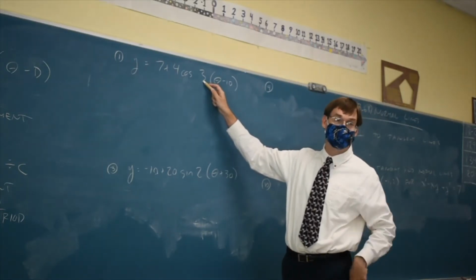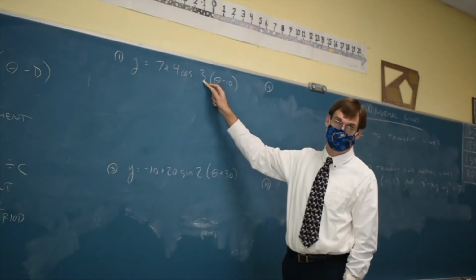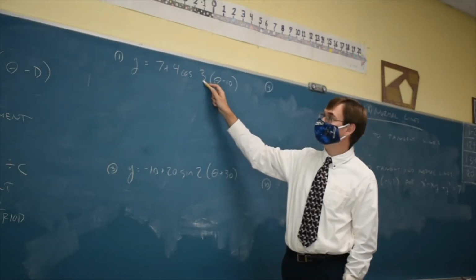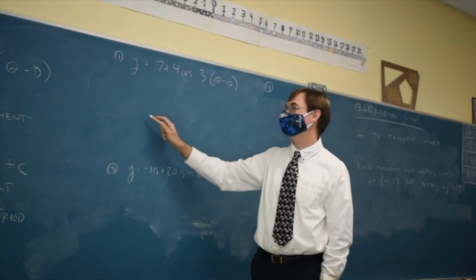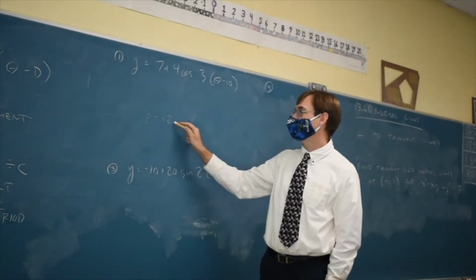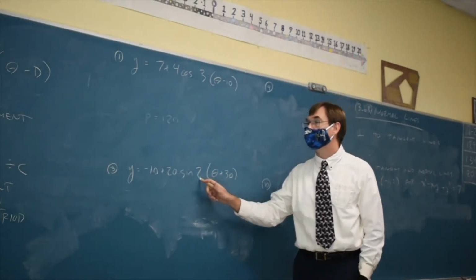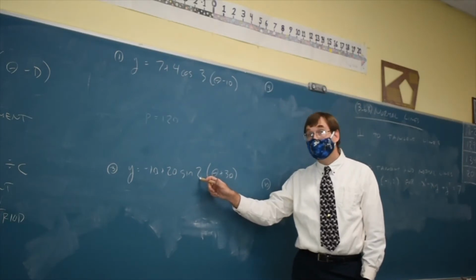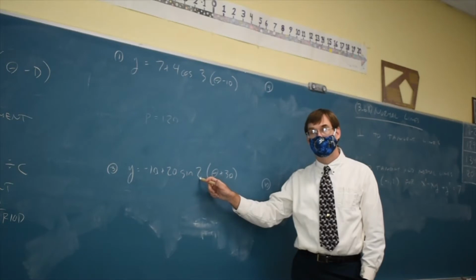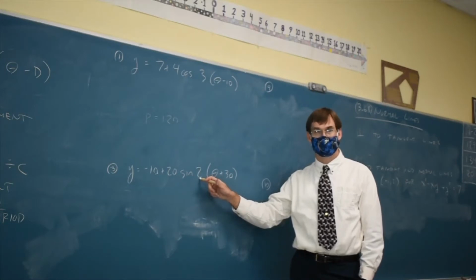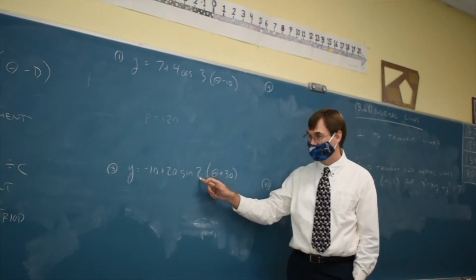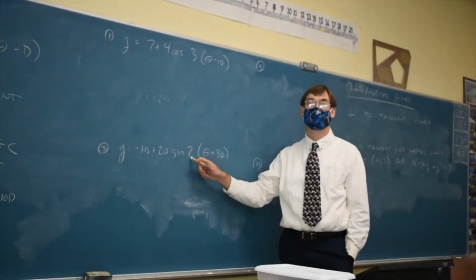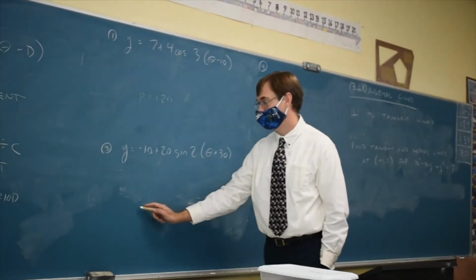And the 120 is called the period. So that has a period of 120. This 2 tells you that there are 2 cycles in 360, so that each of them is 180, and 180 is called the period.